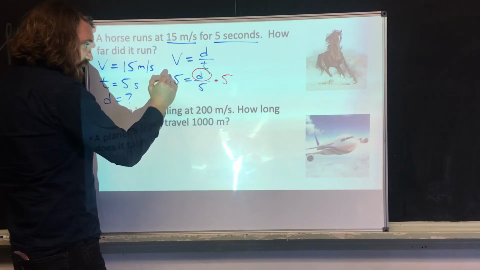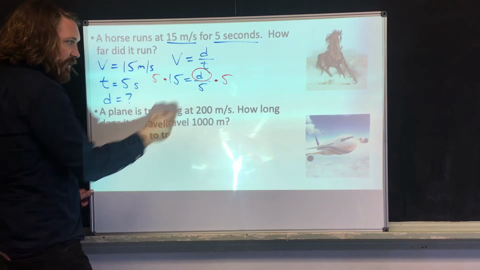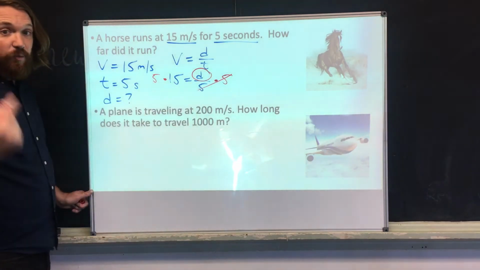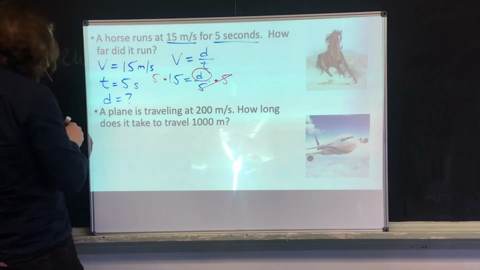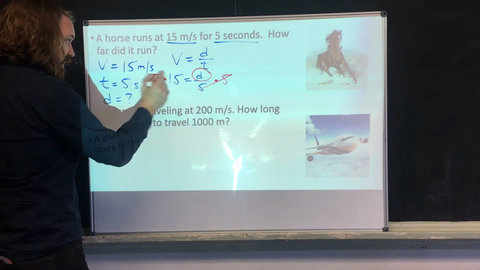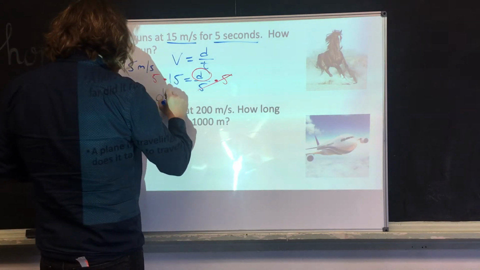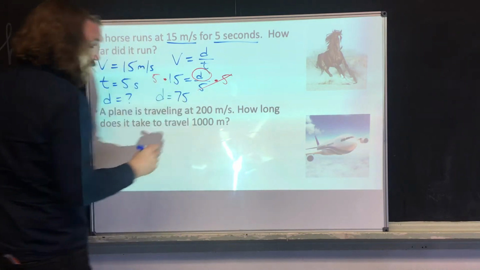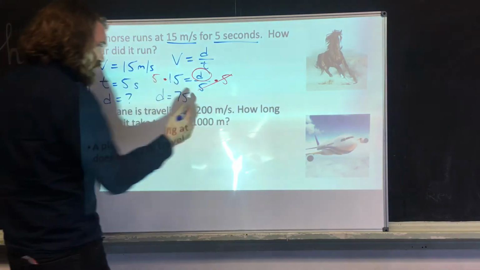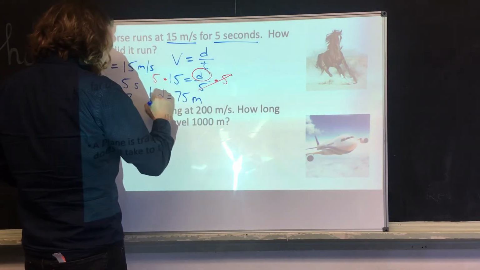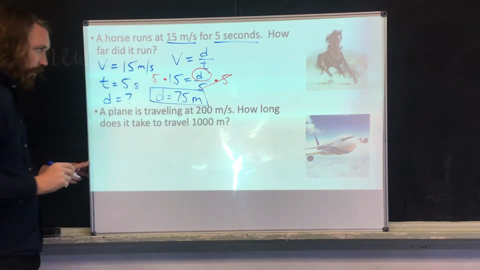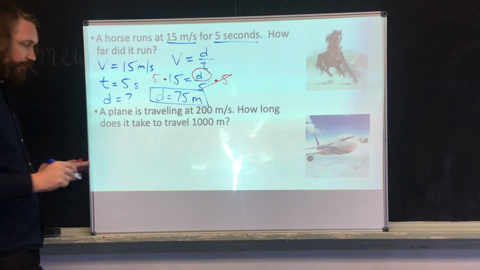Whatever you do to one side, you have to do to the other side. 5 divided by 5 is 1. Okay, and this gives me a distance equal to 15 times 5, which gives me a D is equal to 75. It's a distance. We always measure distance in meters. There you go. Groovy? Groovy.